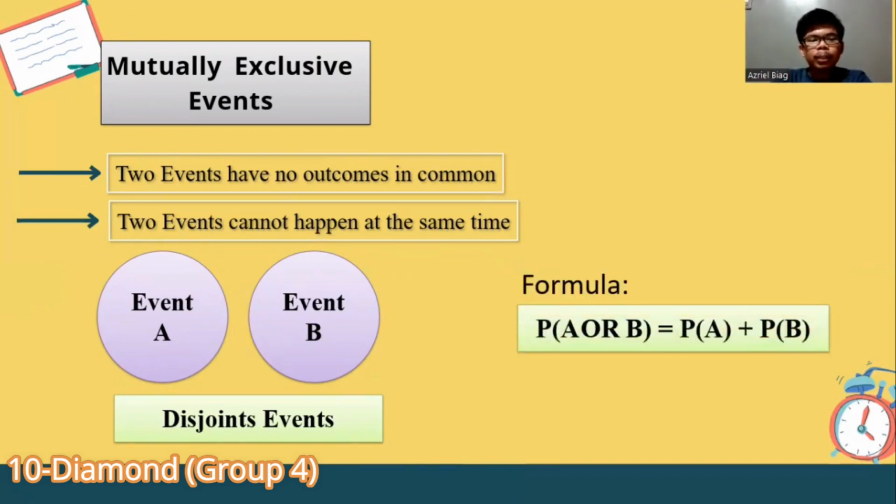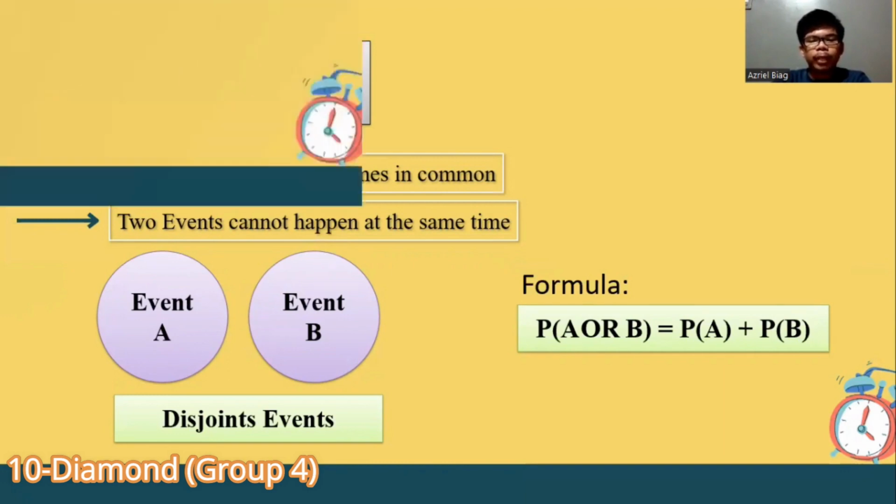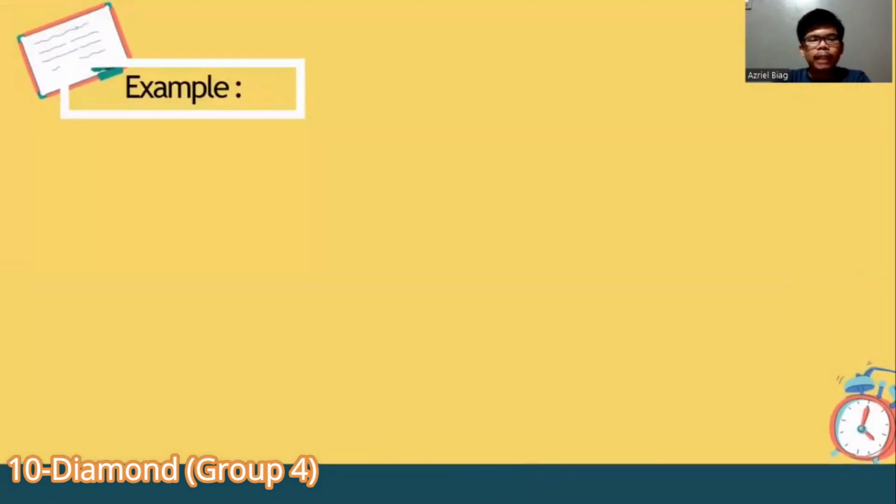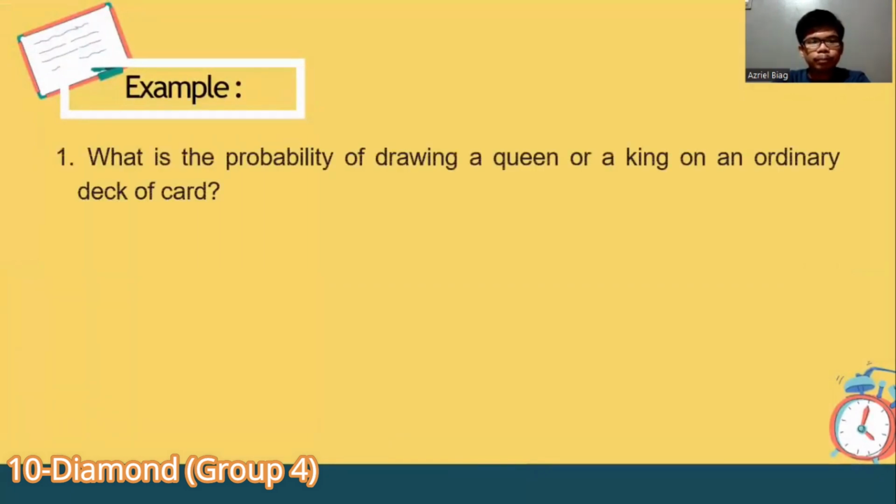In mutually exclusive events, the probability that either A or B occurs is equal to the probability of A plus the probability of B. Let's have an example. What is the probability of drawing a queen or a king in an ordinary deck of cards?